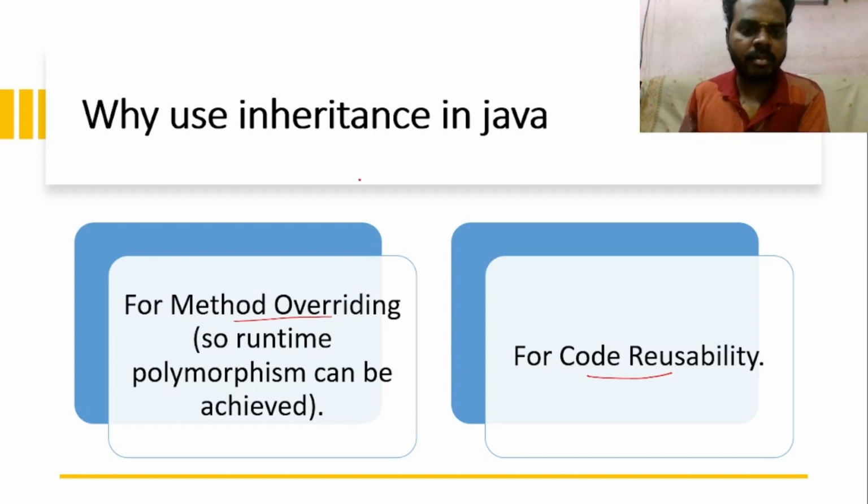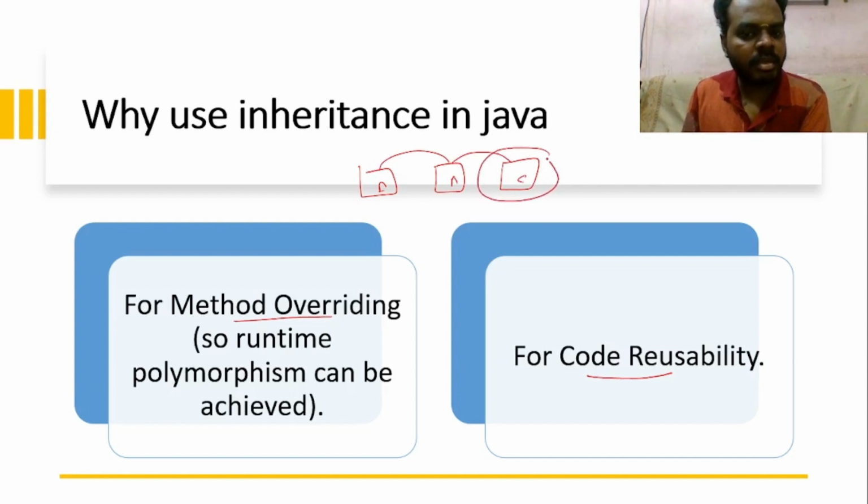Let me take an example. We have class A, class B and class C. We are going to acquire the data from A to B and B to C. Finally, all the data are available in class C. So instead of creating a separate object for A, B and C, we create an object only for class C. This is code reusability, and it is the most advantageous part of inheritance.